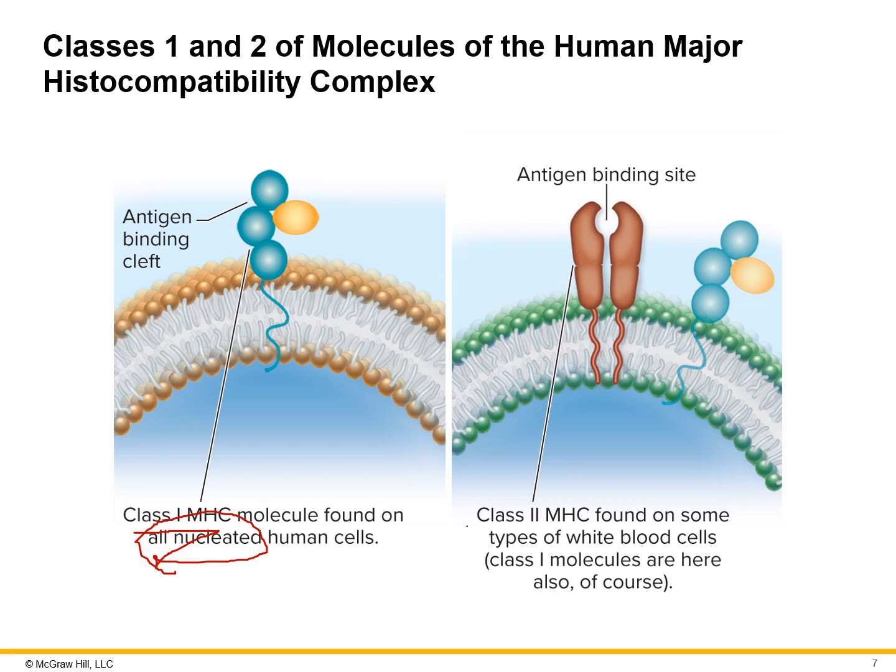Now, only some cells have a class 2 MHC molecule, and these are only going to be ones that can go through phagocytosis. So these are ones engulfing bacteria, engulfing things from our lymph or from the bloodstream, breaking them down, and then putting little fragments on those class 2 MHC molecules.